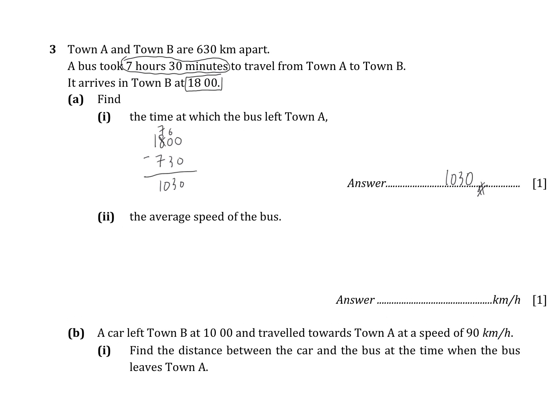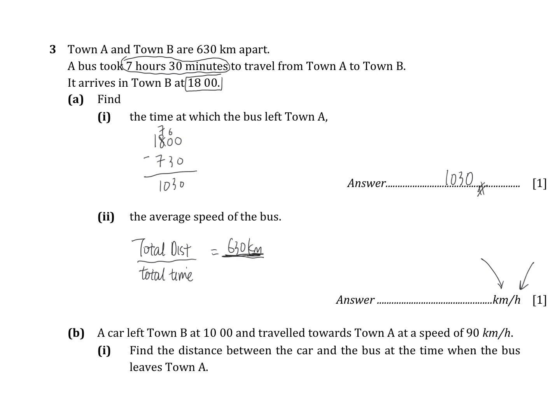Okay, average speed is total distance divide by total time. So the total distance is 630 kilometers. I don't understand why some of you changed to meters. The question wants you to leave it in kilometers per hour, so you must follow the same unit.